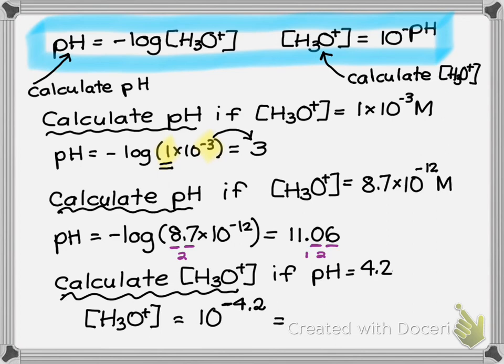And now my calculator gives me 0.0000 and then 63, and that would be one way. Or usually these are written in exponential notation, so let's move the decimal. 1, 2, 3, 4, 5. So I would get 6.3 times 10 to the negative 5.